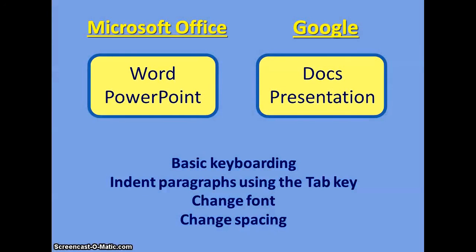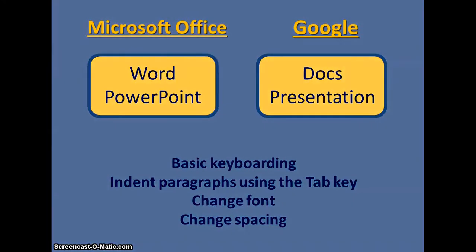We use these a lot because they allow us to collaborate and to easily save and share resources with each other. Now within both of these programs, there are some things that are important for us to know how to do. One is basic keyboarding skills. Two is knowing how to indent paragraphs using the tab key. Three is how to change the font, and four is how to change spacing.